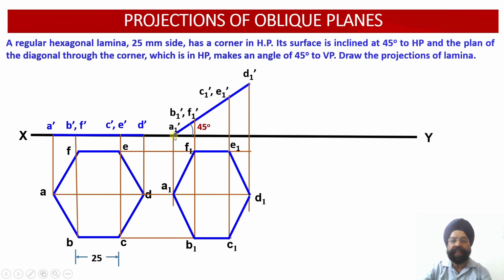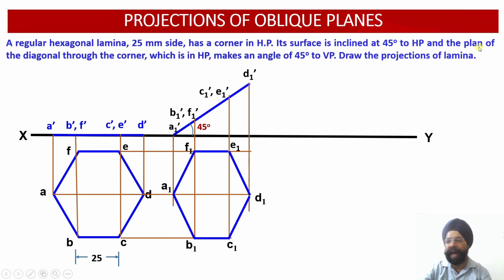Since the lamina is resting on the horizontal plane at this corner, that is corner A1, the diagonal is this one, but this is not the complete diagonal; the true diagonal is this. Here it is the apparent length of the diagonal, or the plan of the diagonal, which has been observed, and we have been provided with this angle beta. So beta is the angle that the diagonal through this corner, which is in HP, makes of 45 degree to VP.